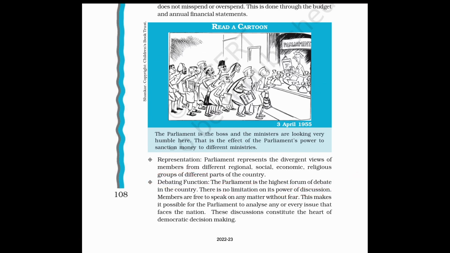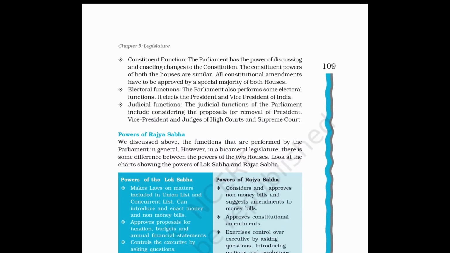The members have no limitation on the power of discussion, which means that you can discuss any matter if you want to. We are not technically using the word limitation because they are actually free to speak. We give them that freedom to speak on any matter without fear, and then parliament can analyze each and every issue that is there in the nation, and that is very important in democratic decision making.